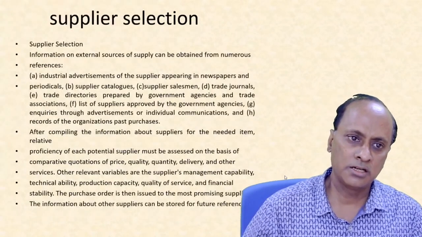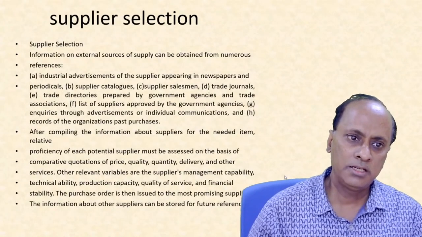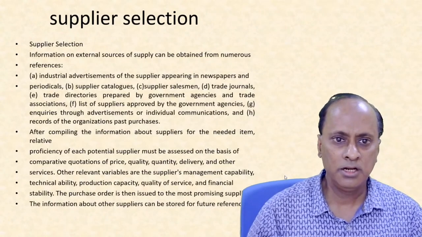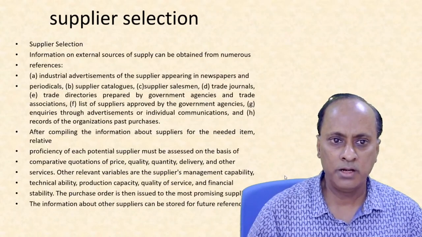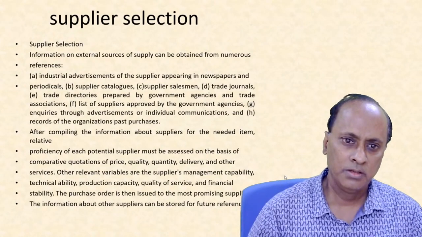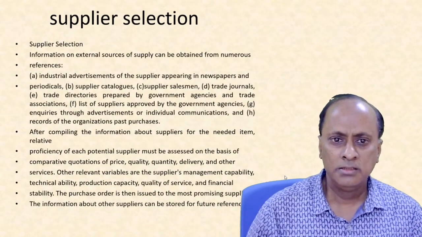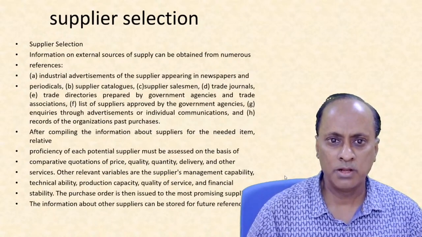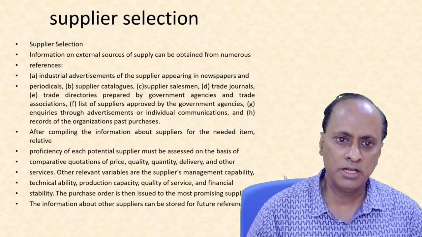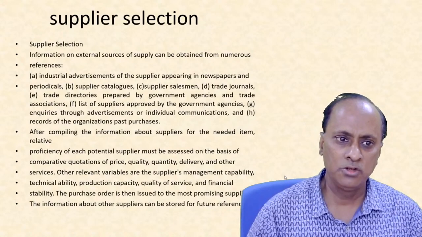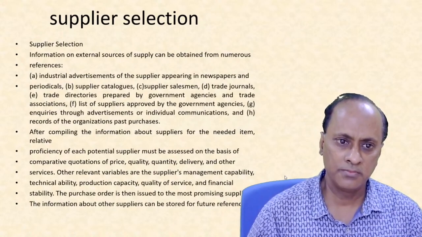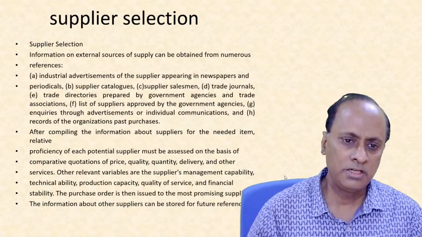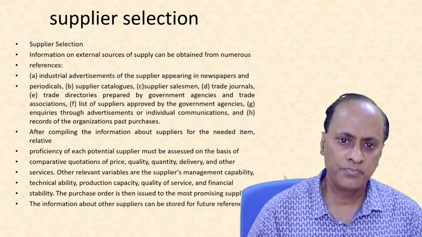Yes, supplier selection. Supplier selection is another decision. Some information on external sources of supply can be obtained from numerous references. Industrial advertisements of the supplier appearing in newspapers and periodicals. There are supplier catalogs which give details about the different suppliers.